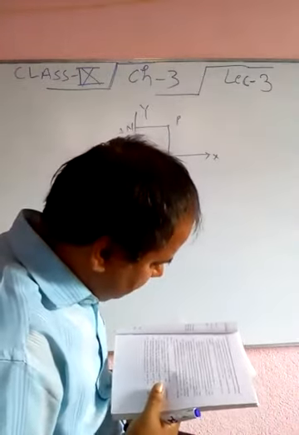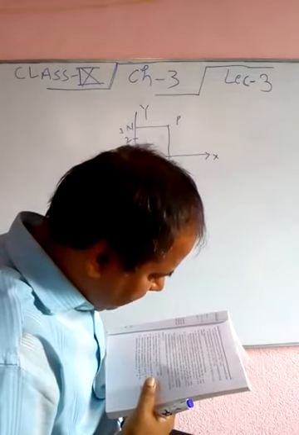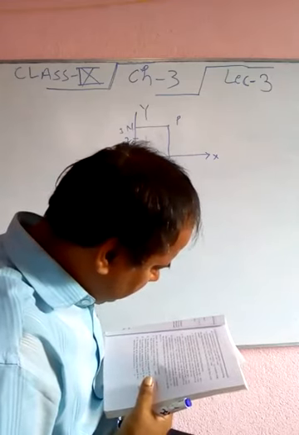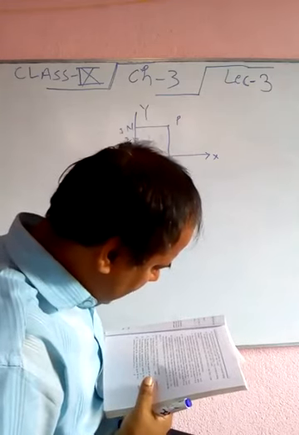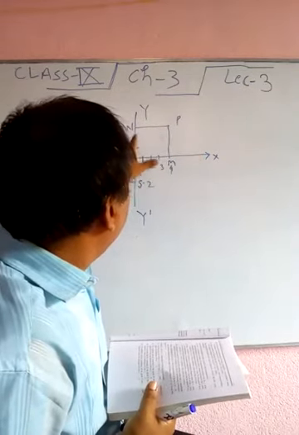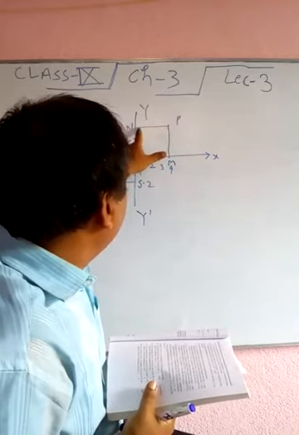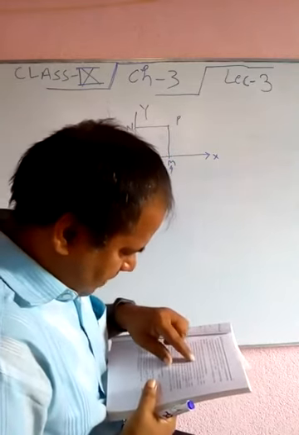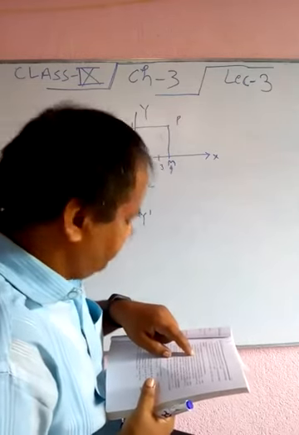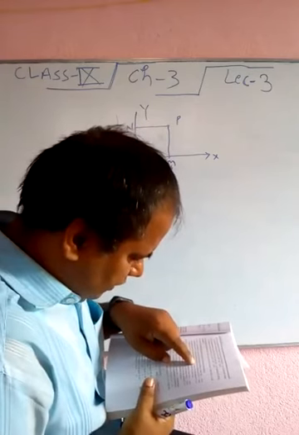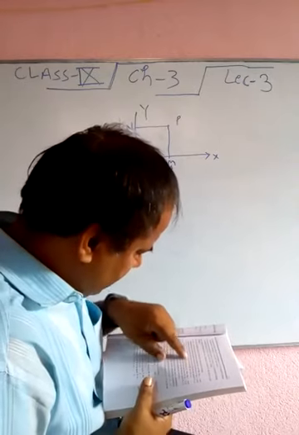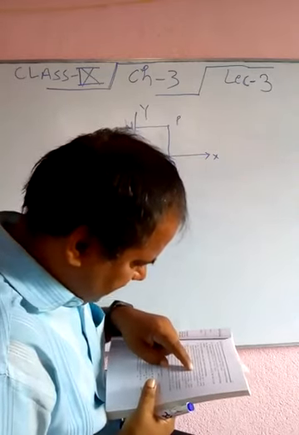The x coordinate of a point is its perpendicular distance from the y-axis measured along the x-axis. For a point, its x coordinate is the perpendicular distance from P to the y-axis, measured along the x-axis: positive along the positive direction of the x-axis and negative along the negative direction of the x-axis.